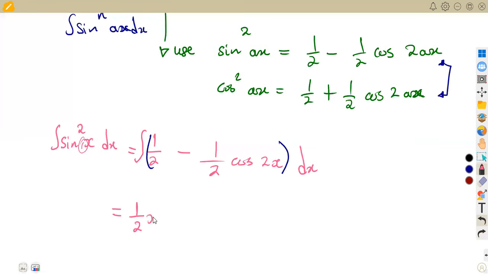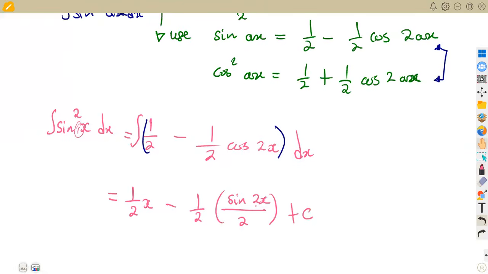So this will be half of x minus the integral of cos. Remember, cos changes to a sine. So that will be the sine of 2x over 2. We divide by the number that is affecting us, so we divide by 2, plus the constant of integration. So that's it. Let us just simplify a little bit.